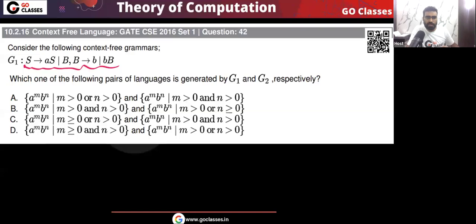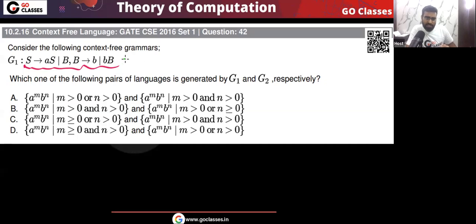Now let me tell you what you can do in this type of situation. Notice all the options are similar. There is a small difference: where it will start. Will you start from 0, or from greater than 0? The best way in the GATE exam to solve this question, because the options are like that, is option elimination.